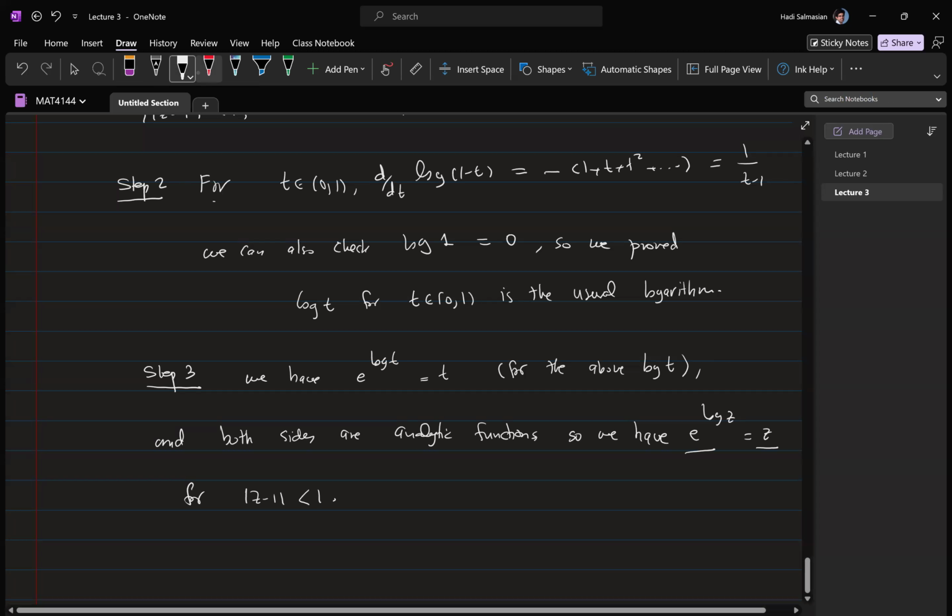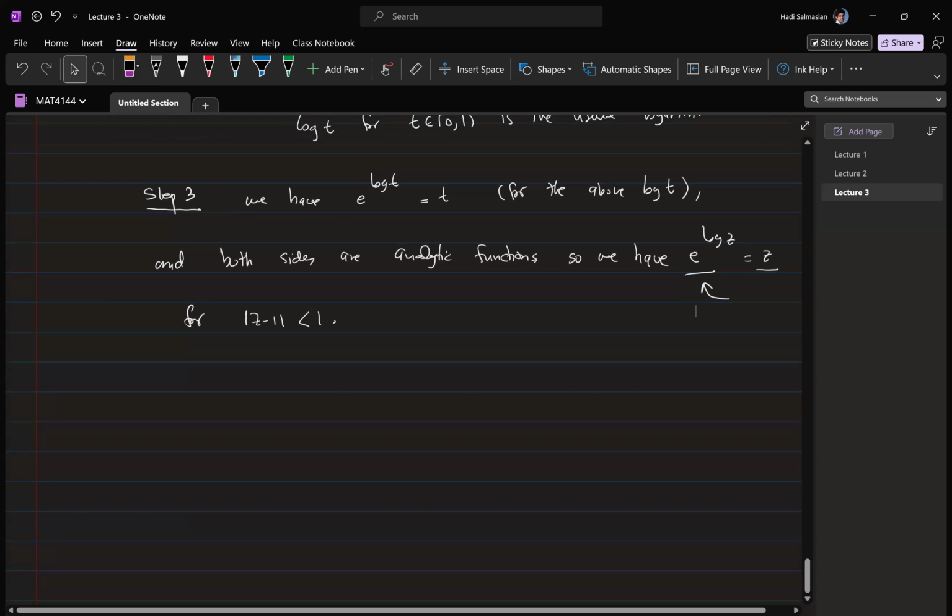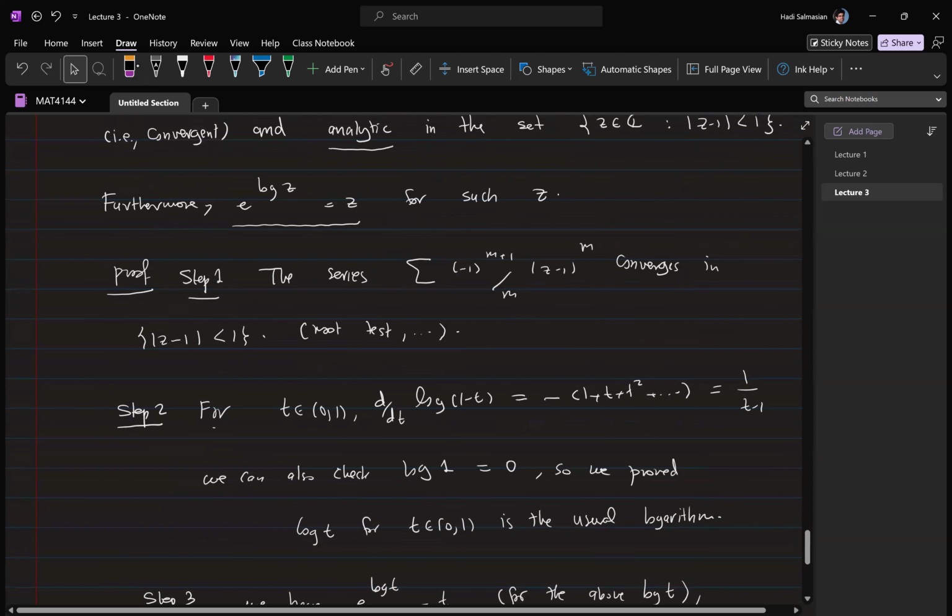So this side is analytic everywhere, but this side is analytic wherever the exponent is analytic. Exponential function is everywhere analytic, but the log, as we saw, is analytic only somewhere. Okay. All right.